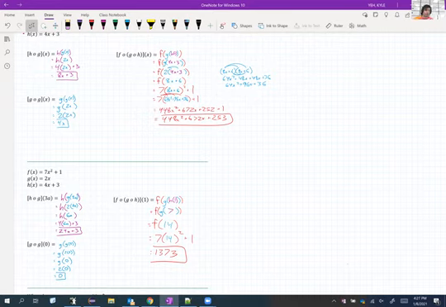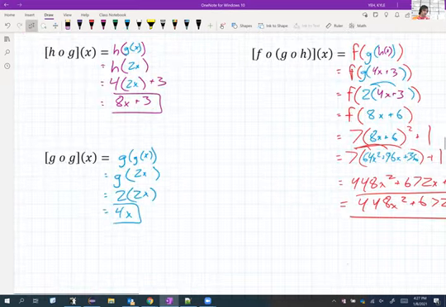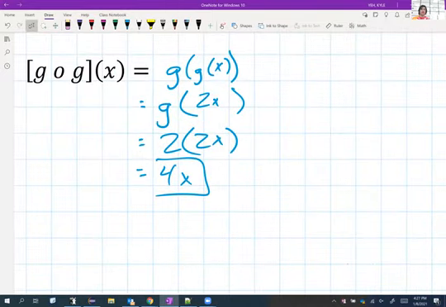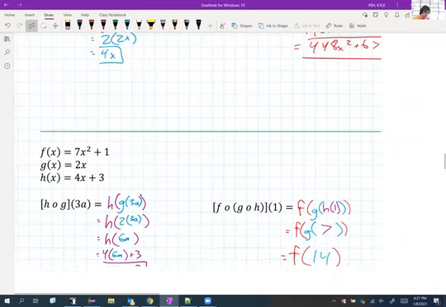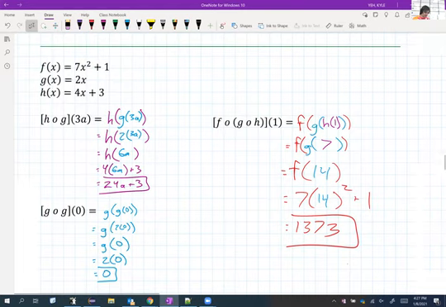Last thing I will say, we're done with problems, but just a conceptual thing I want to point out: if you know what g of x is, and I ask you what g of 0 is, you could just plug 0 into that. If I plugged 0 in there, I would get 4 times 0, which is 0, and that's exactly what it is down here.